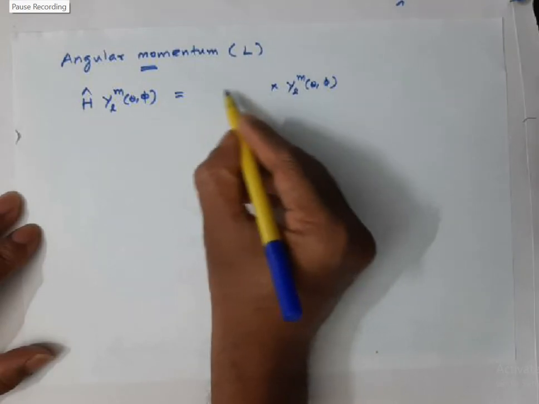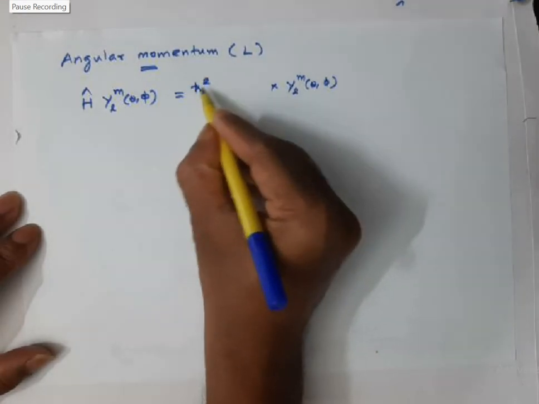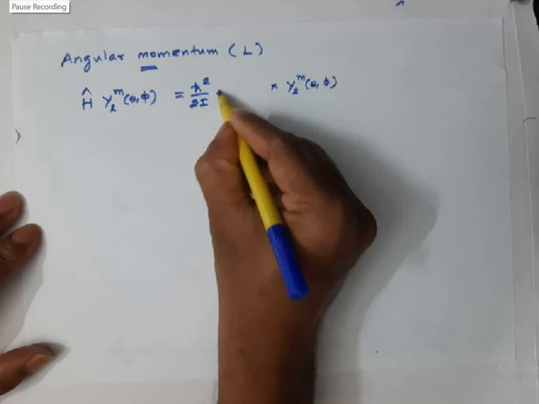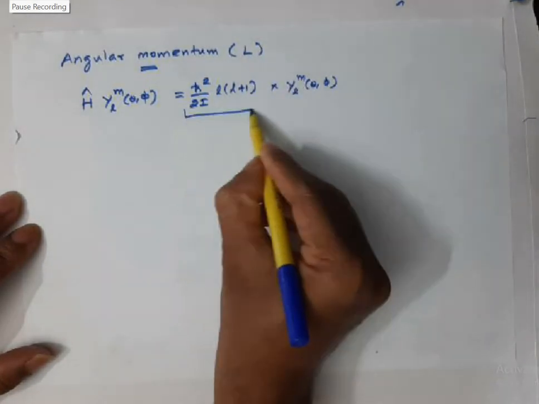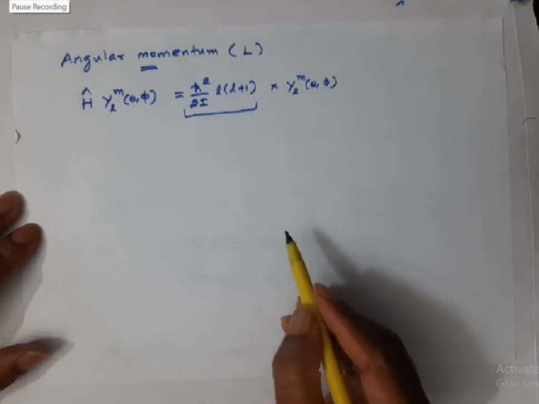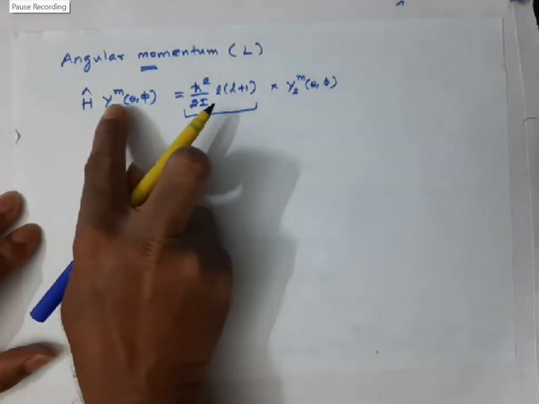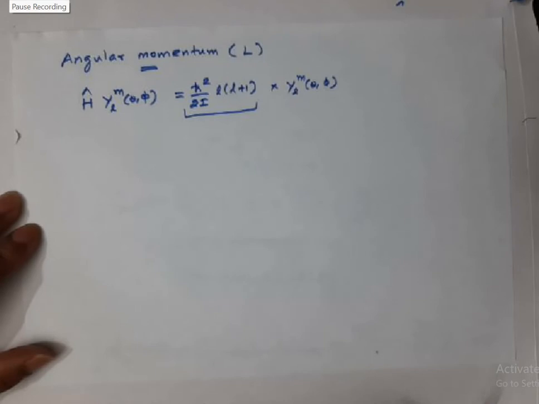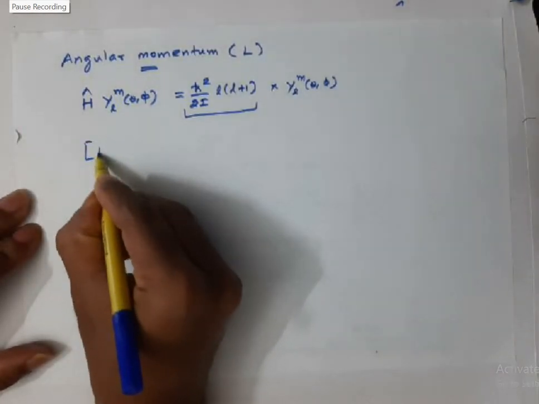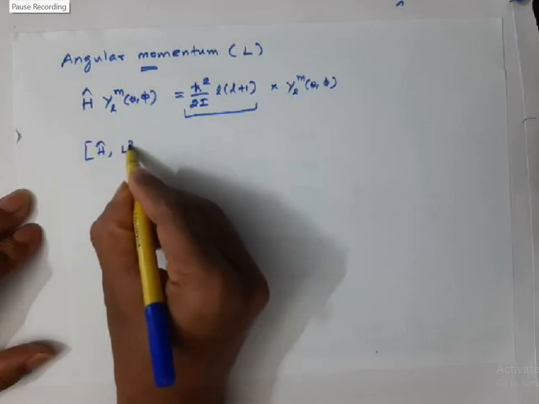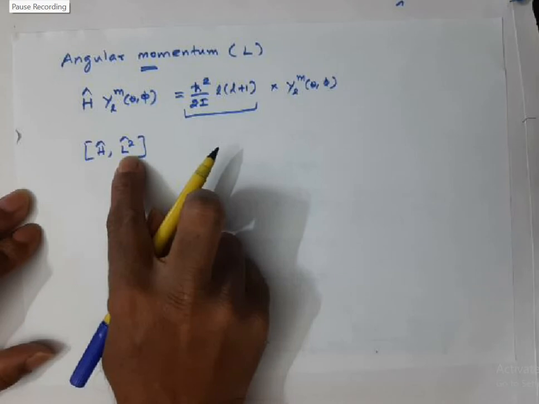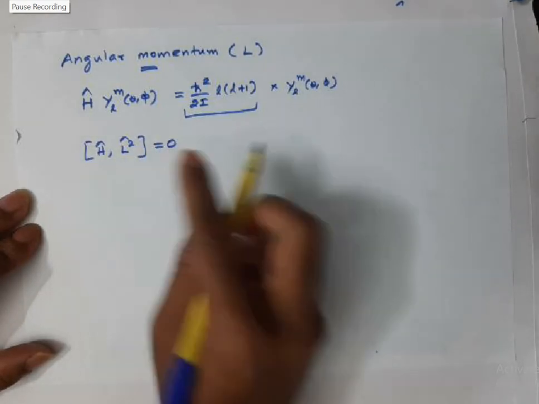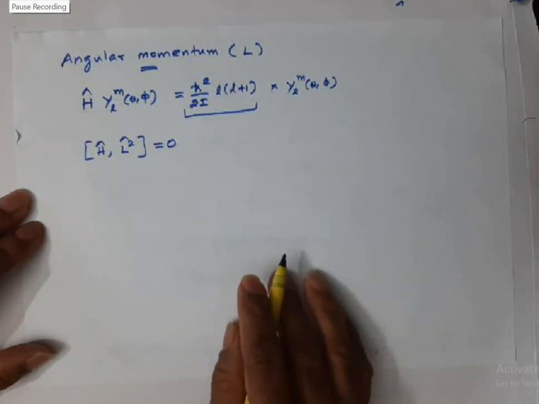And we know the energy expression: minus h bar square by 2I into L into L plus 1. So this is the energy eigenvalue when the Hamiltonian operator acts on the function Y. We also know that the Hamiltonian operator commutes with the square of the total angular momentum operator.